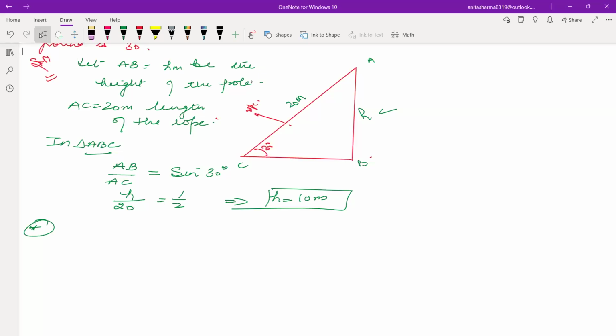Done. May I proceed to the next? Yes, ma'am. So the next question is a tree. Very important question. This question came several times in MCQs in the board exam. A tree is broken by the wind.